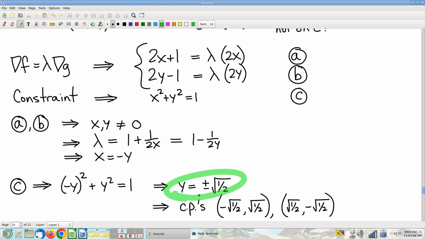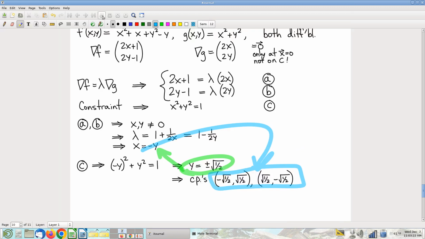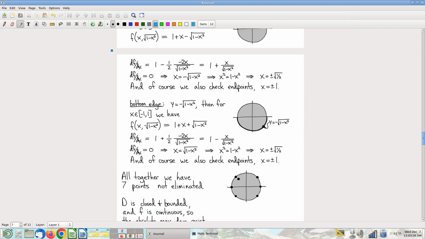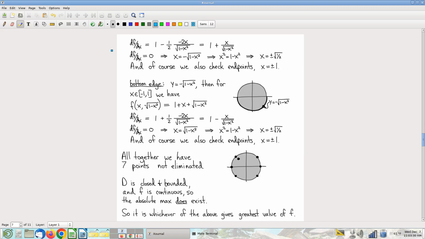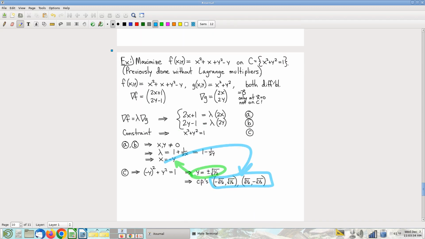And once you know y, then you know x. Quite a bit easier, I think, than what we did the first time through, when all of this business here was a lot more work and a lot more ugly. Much more elegant, doing it like this.